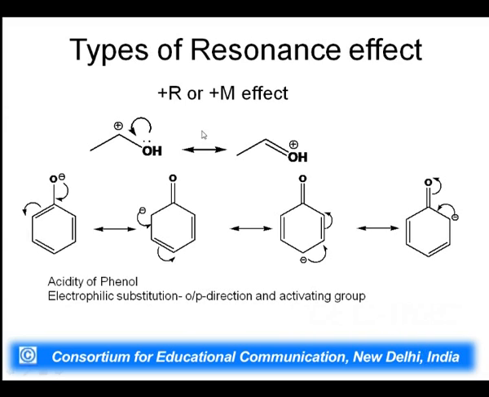Because of this plus R effect of O minus, that minus charge is available only on the ortho and para positions. So, ortho and para positions are more electron dense, and hence a positively charged group attaches itself to the more electron dense positions, and it leaves the meta positions as such, does not react with it, because they are comparatively electron deficient than the ortho and para positions.